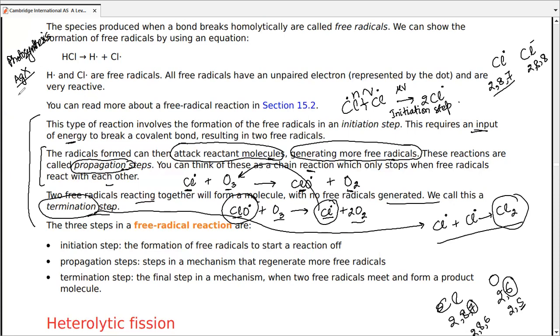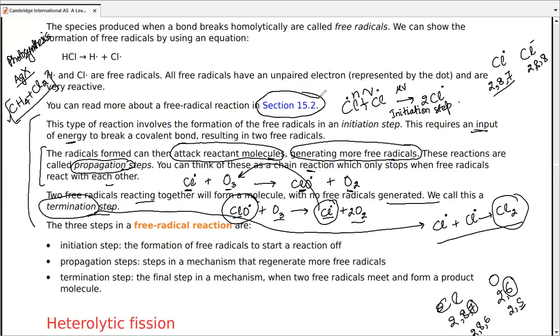Any silver halide will break down in the presence of sunlight. And the last was the reaction of alkanes with halogens, such as methane with fluorine. These were the three examples of photochemical reactions that you studied back in IGCSE, and we're going to pick this last one up as it belongs to organic chemistry and is easier to study. We're going to study it with the help of free radical reaction.